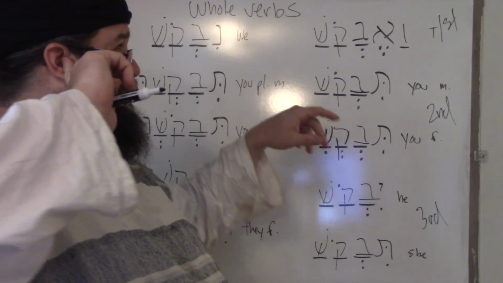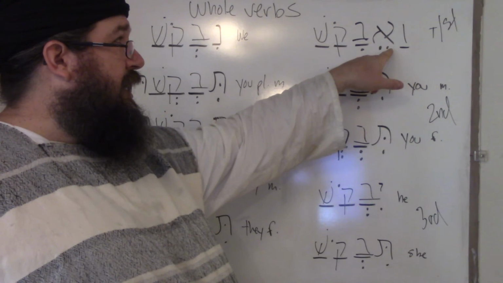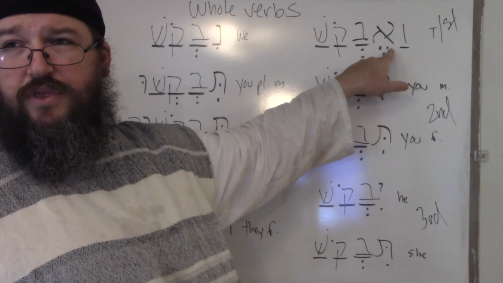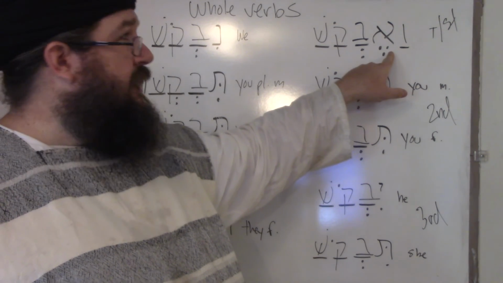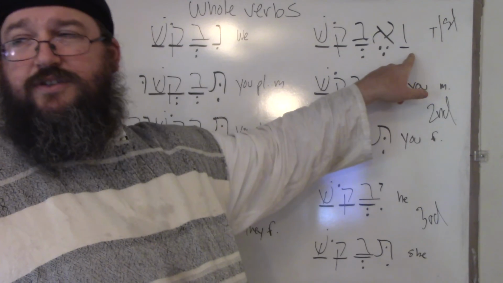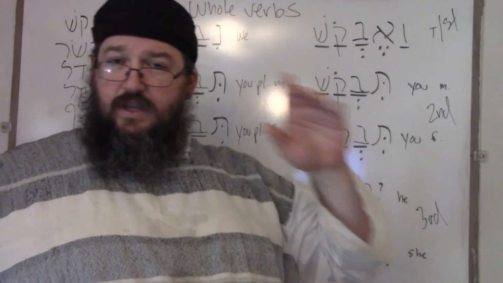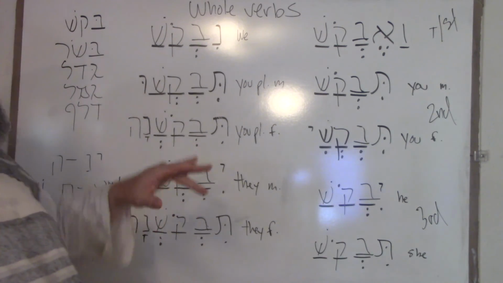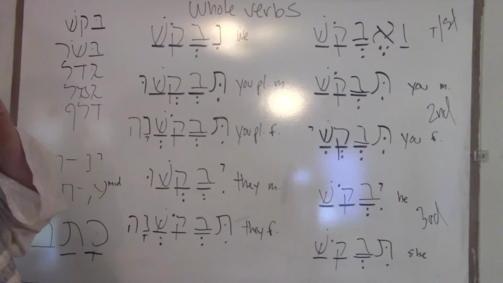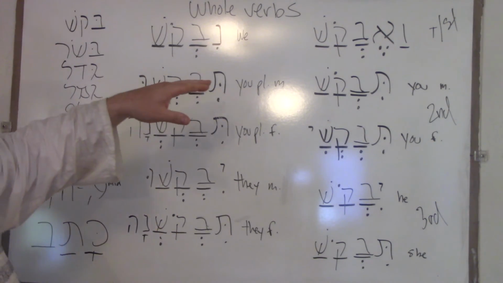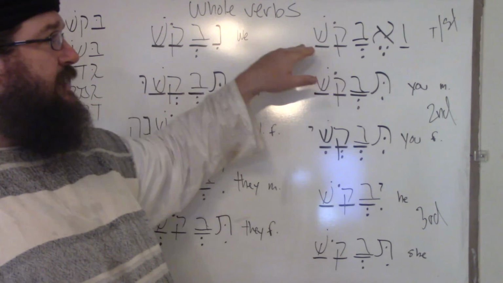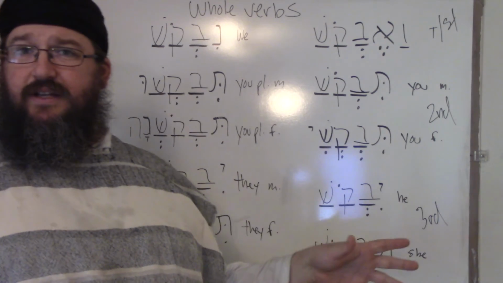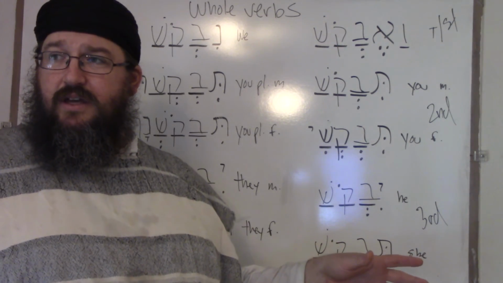That if this was, for example, a segol with a shua, that this would have to be a segol over here. Okay? If I'm looking at this Vav, Vakesh, Vevakosh, I will seek to, and I sought. It's now past tense. Okay?